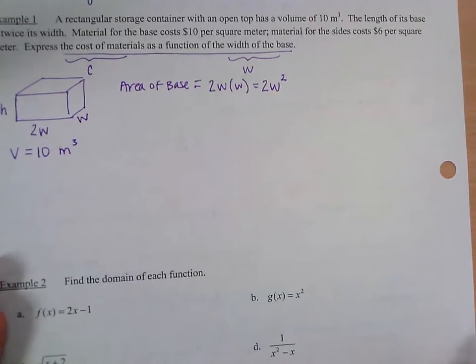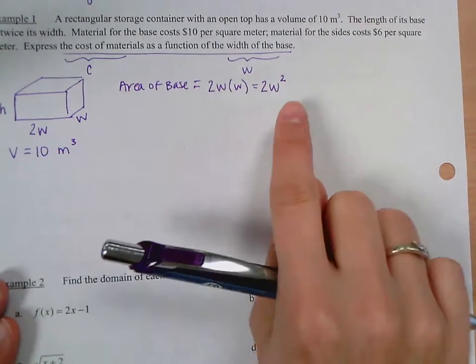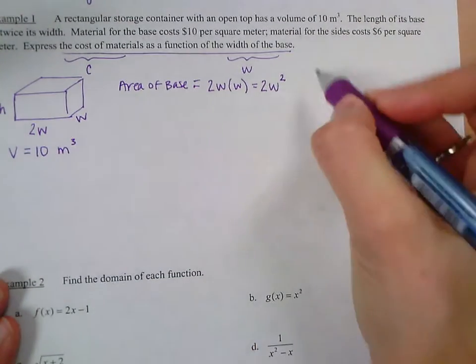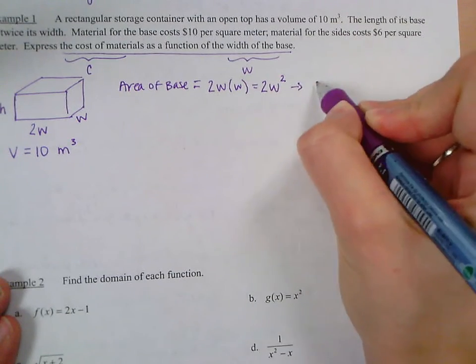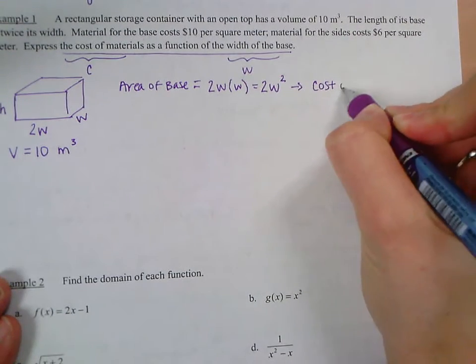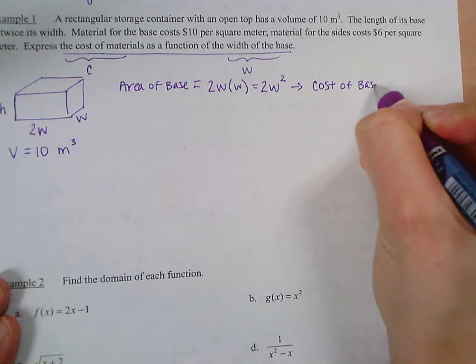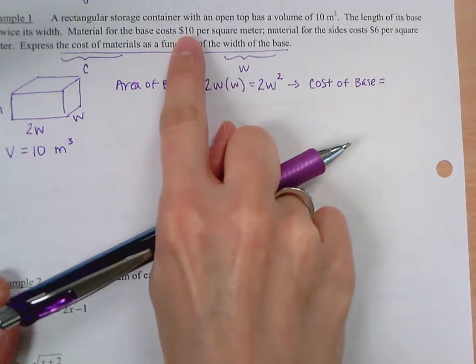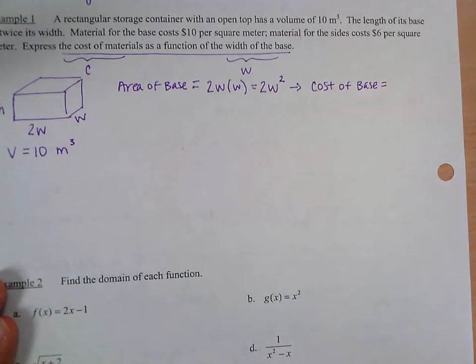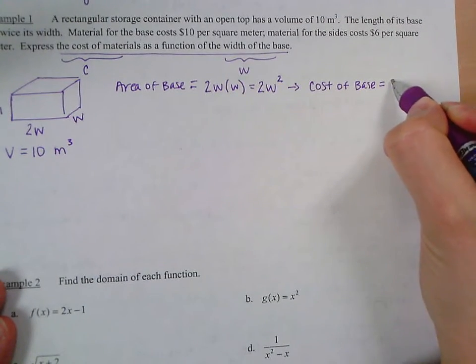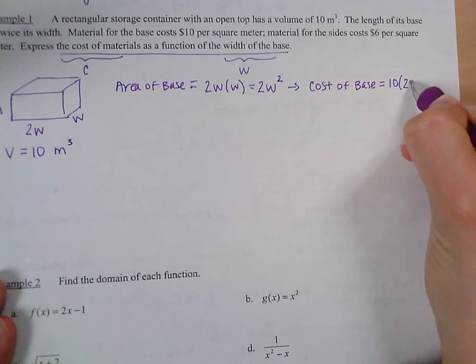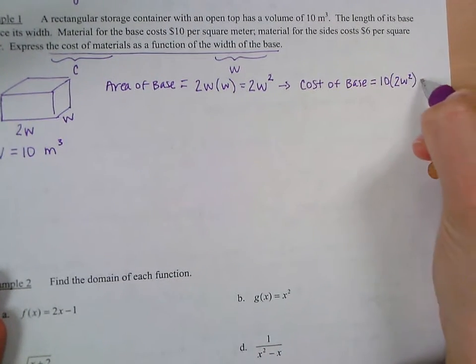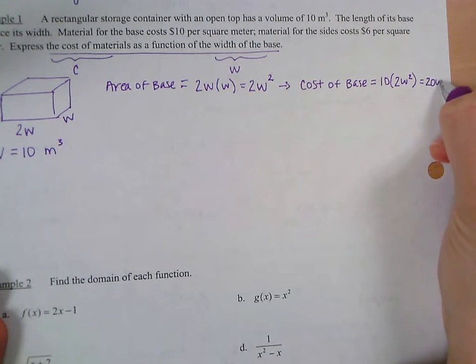And then off to the side here, if the area is 2W squared, I can put cost of the base would just be that area multiplied by $10, just multiplied by 10. So the cost of the base is 10 times 2W squared, so 20W squared.